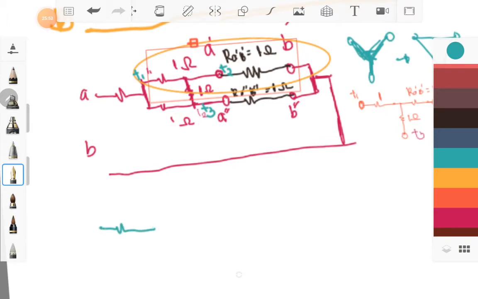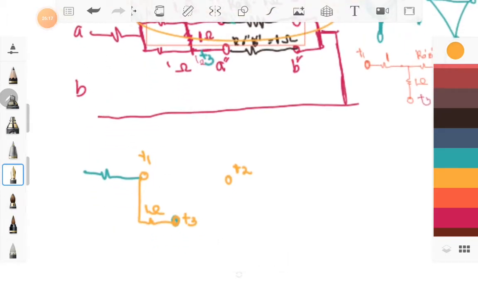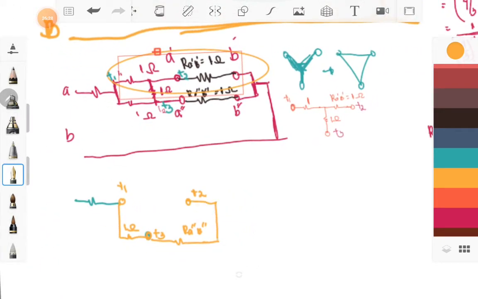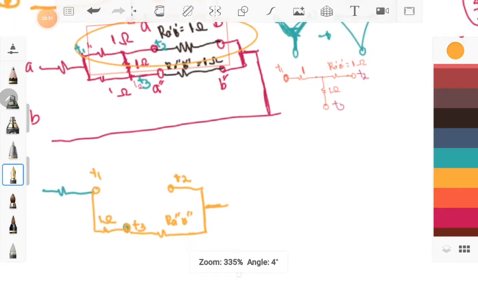So, we have, isolate natin T1, T3, T2. Okay. So, this is connected with this one, or 1 ohm. And then, your RA double prime and B double prime. Okay. And then, yan. So, will be to your B prime.